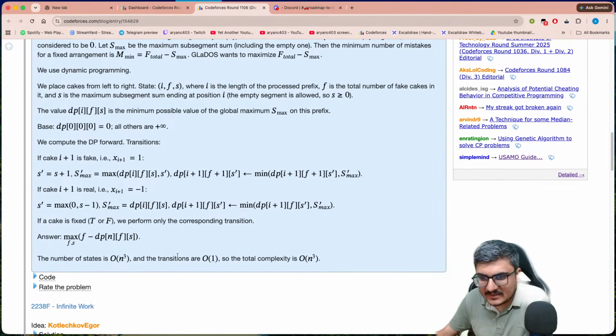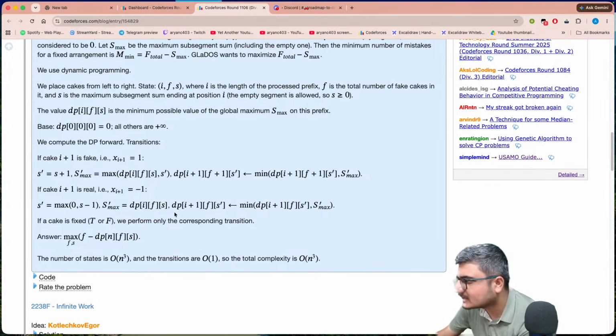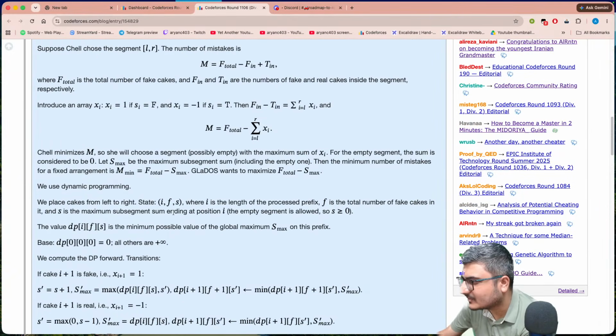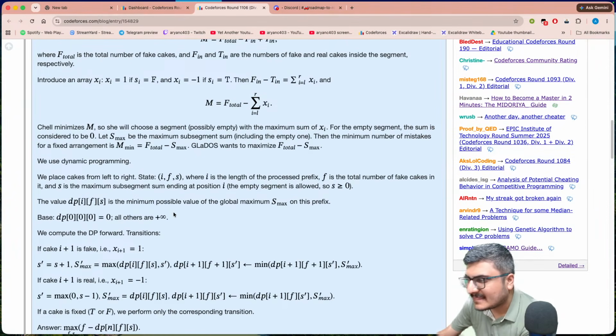Wait, one second. I had an n to the power 4 solution over here, but I cannot figure out what's happening over here. So I, F, and S make sense. Minimum possible value of global maximum sum on this prefix.